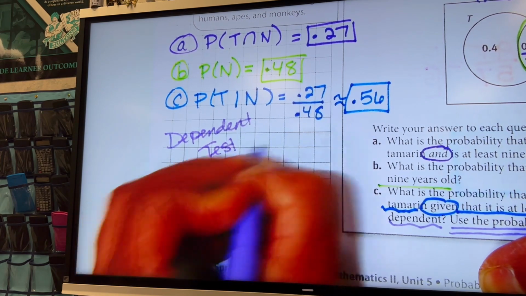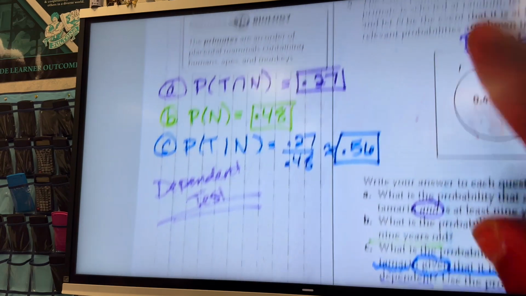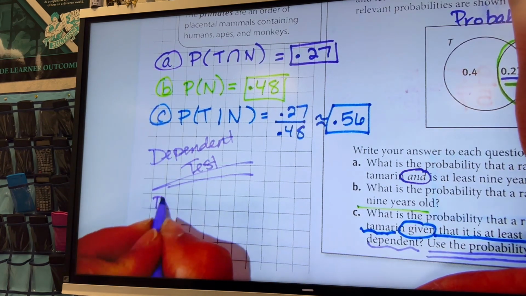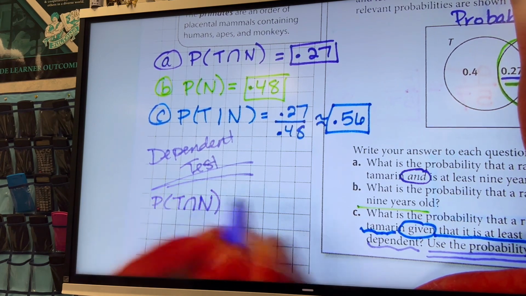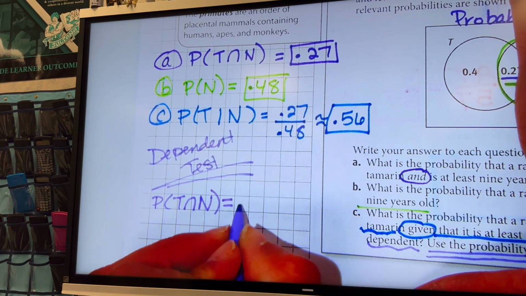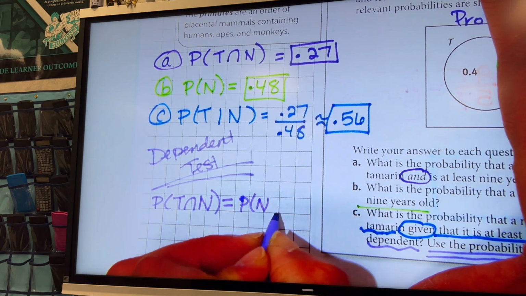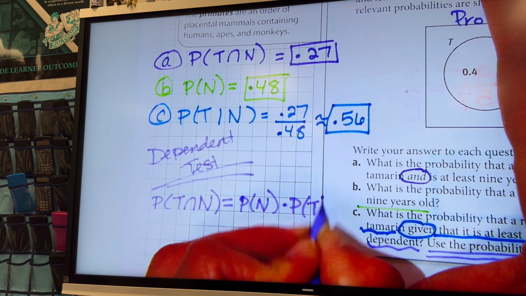For our dependent test, we have to use the letters T and N instead of A's and B's. So it will go probability of T and N equals the probability of the second letter, so probability of N, times the probability of T given N.